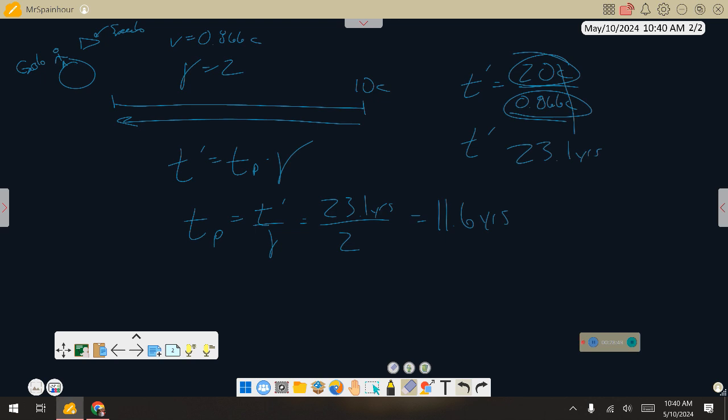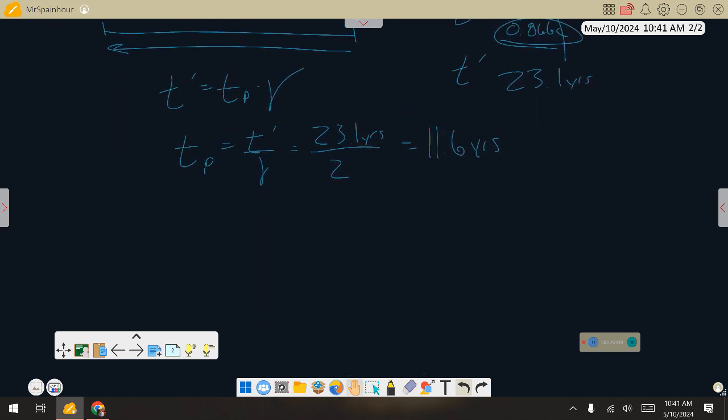And Speedo looks at him and goes, I agree with you about my speed. I was 100% going 86.6% the speed of light, but I don't know what you're talking about, the planet being 10 light years away. The planet is only 5 light years away.